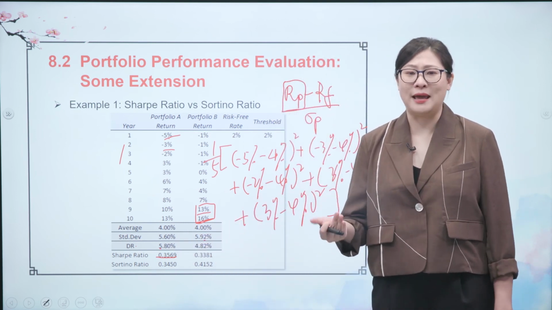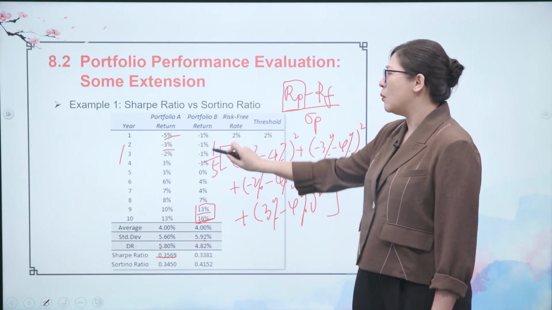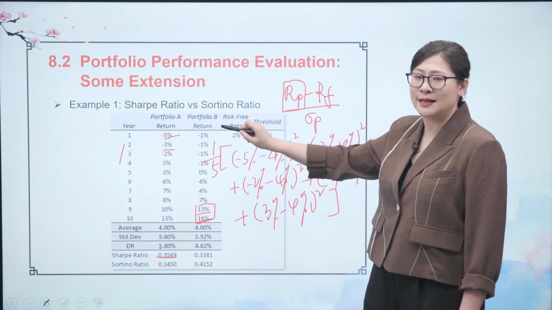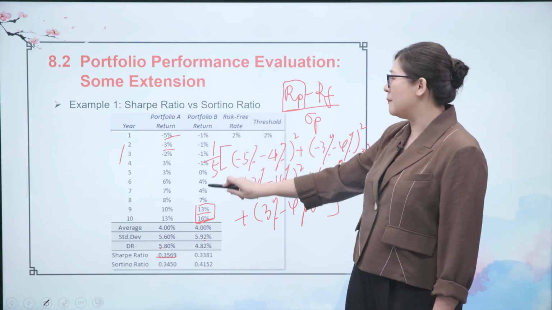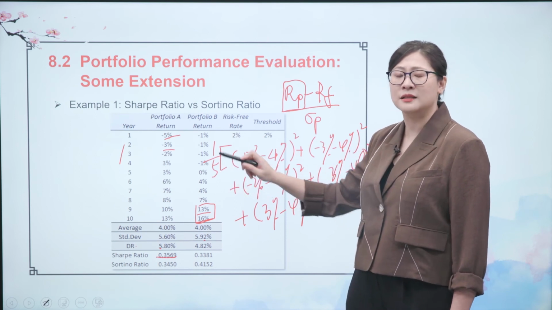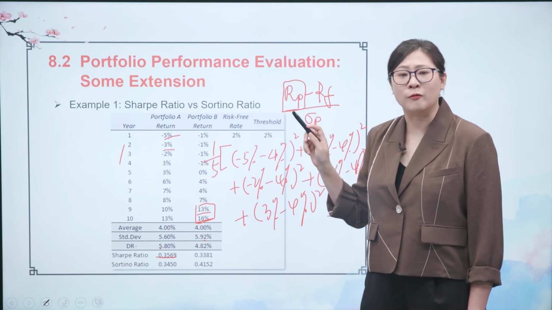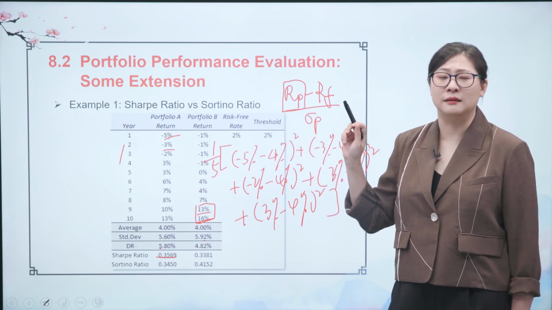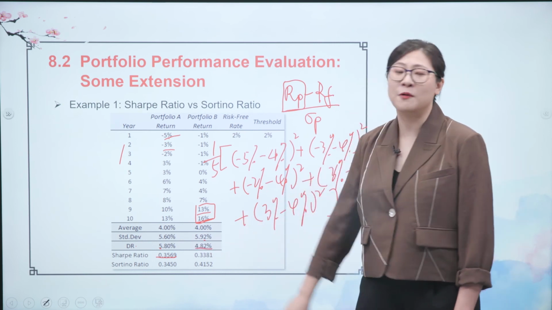The same way you can calculate the downside risk for portfolio B, which is minus 1% minus 4% squared, and the same until 0% minus 4% squared, and the total multiplied by 1 over 5 and square root. So you get the downside risk of 4.82.